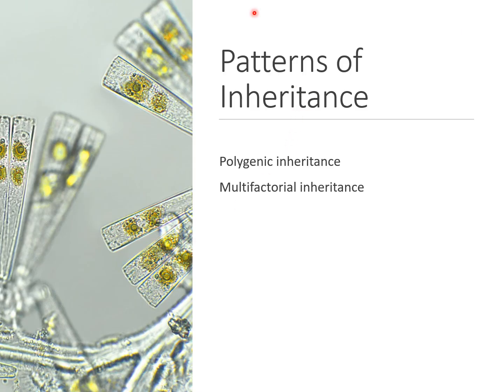So we have two different patterns of inheritance: polygenic and multifactorial. Polygenic inheritance involves multiple genes at different loci, with each gene exerting a small effect on determining a trait. Multiple pairs of genes, many with alternate codes, determine most human traits. So most human traits are not coded by just one gene.